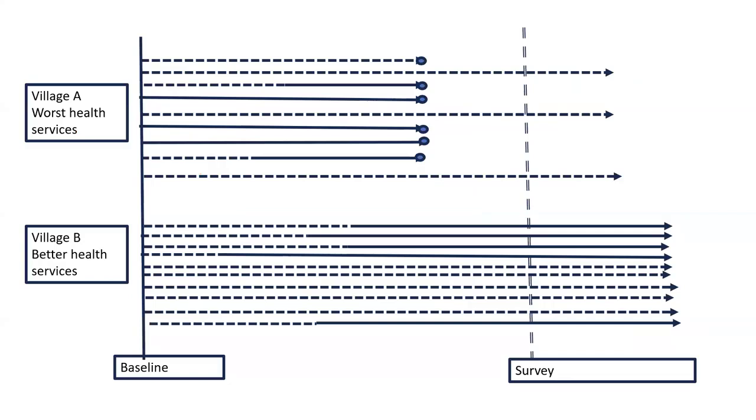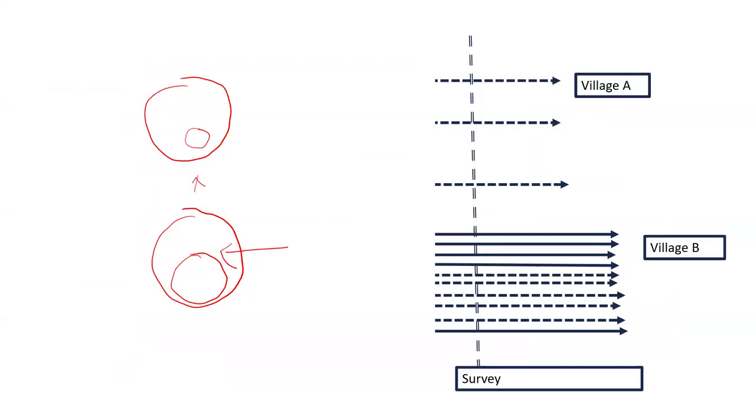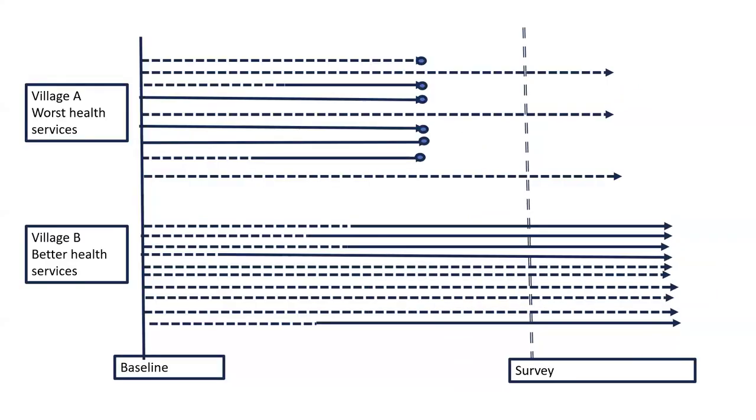But if we look at the complete picture, it might be that there were more cases in village A, because when you look at the previous picture, we feel that the burden is more in village B than A. What possibly could be the truth is that there were more cases in village A compared to village B, or a similar number of cases, but either those individuals recovered or they died before you conducted the survey. Here they have died before the point of the survey, so the burden is less, right?